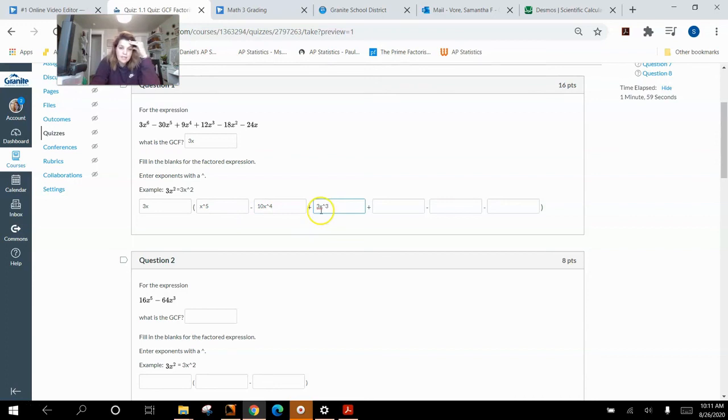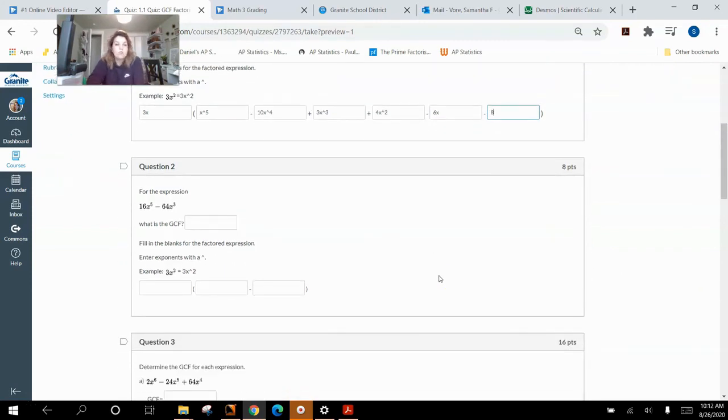So 3x, shift 6, 3. The next is 4x, shift 6, 2, minus 6x, minus 8. So that is your first one.